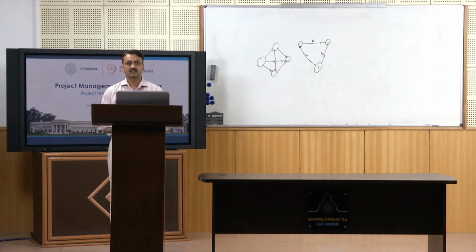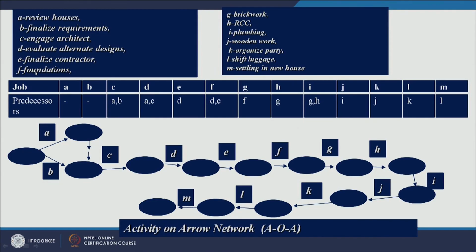So, you will have different houses having different designs, right, finalize contractor, foundation, then brick work, RCC work, plumbing will be there, wooden work will be there, organize party, housewarming party, shift luggage and settling in new house, right. So, let us say these are a couple of activities of a project when you are shifting from old house to your new house, right. So, you can prepare a precedence relationship, right.